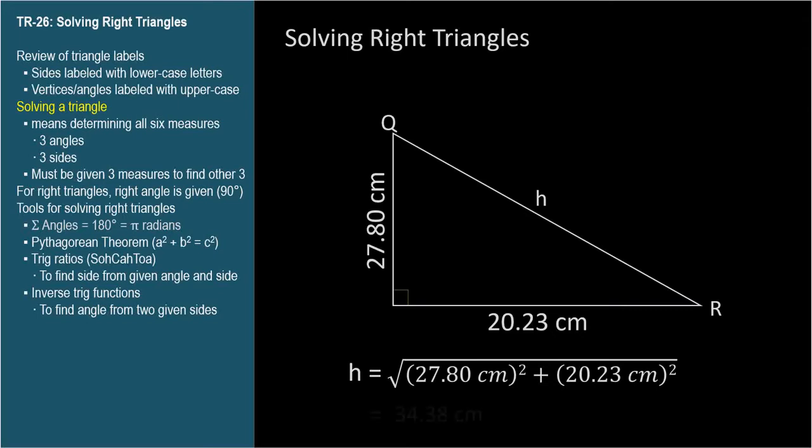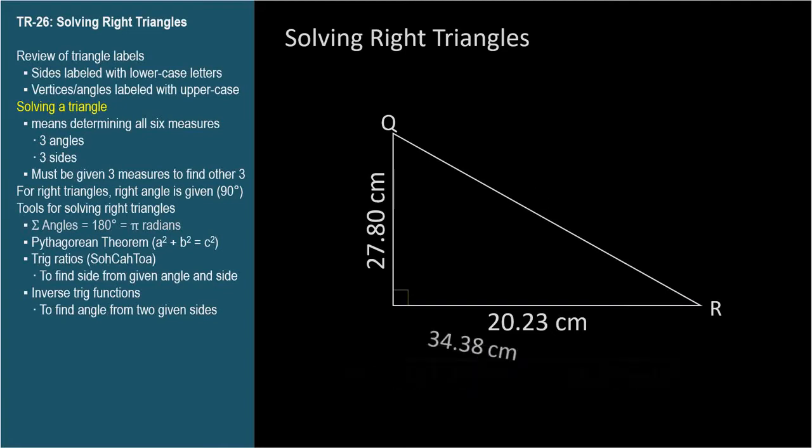When solved, this yields 34.38 centimeters rounded to 4 significant figures. We'll remind ourselves that this is a derived rounded number by shading it a bit darker. If we can, we'll avoid using this number when deriving other numbers in order to reduce the propagation of rounding errors. So we have 2 more angles to find, Q and R.